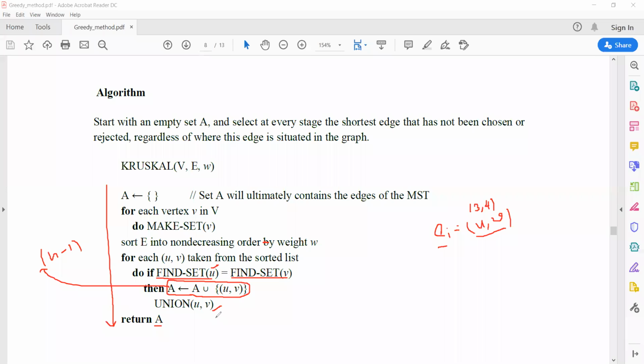If there is a loop, then you have to remove that edge from the set, and the solution should not contain any edge which creates a loop.